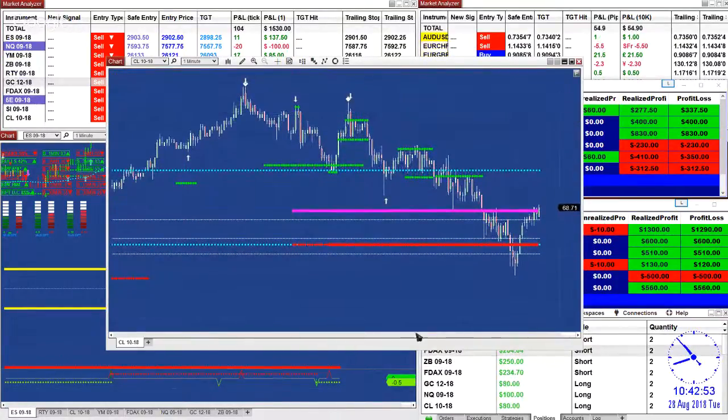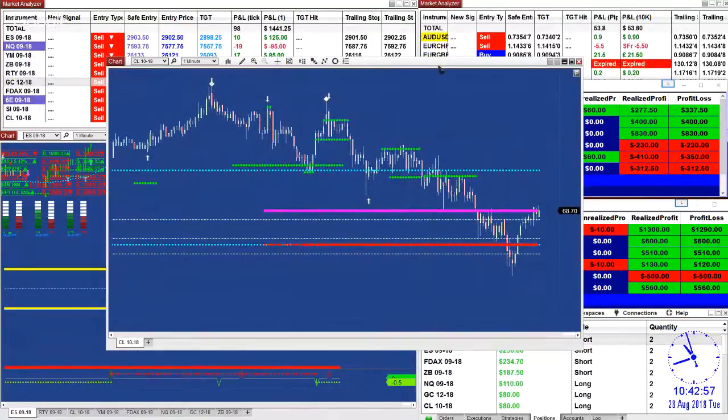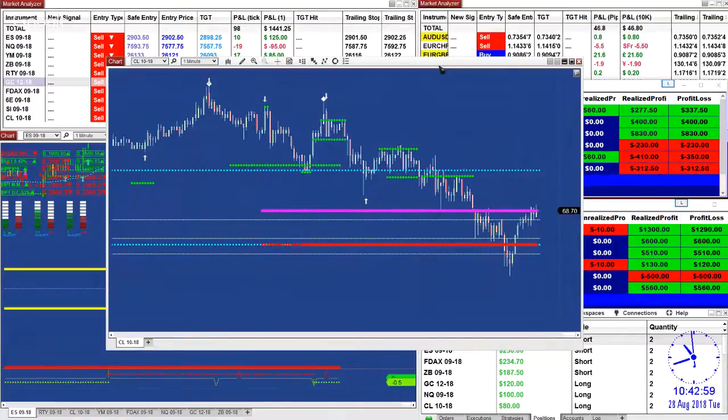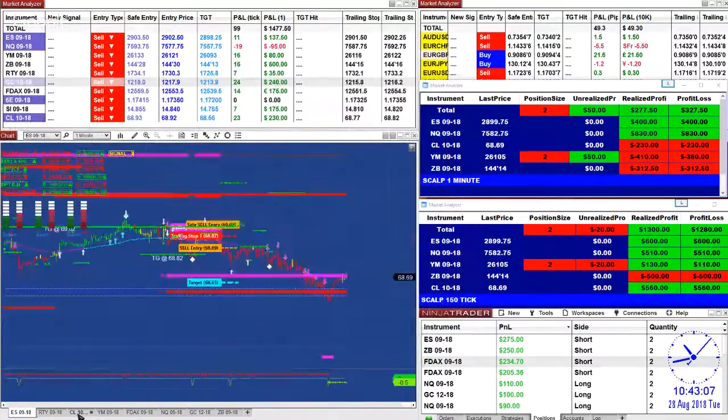However, the CL is looking much better, a better chart to take a trade from than any other. Let me look at the CL. Maybe we can get a trade on the CL.